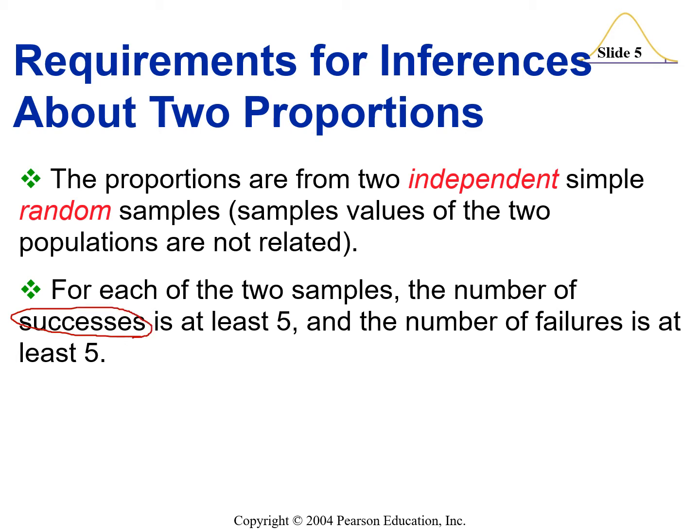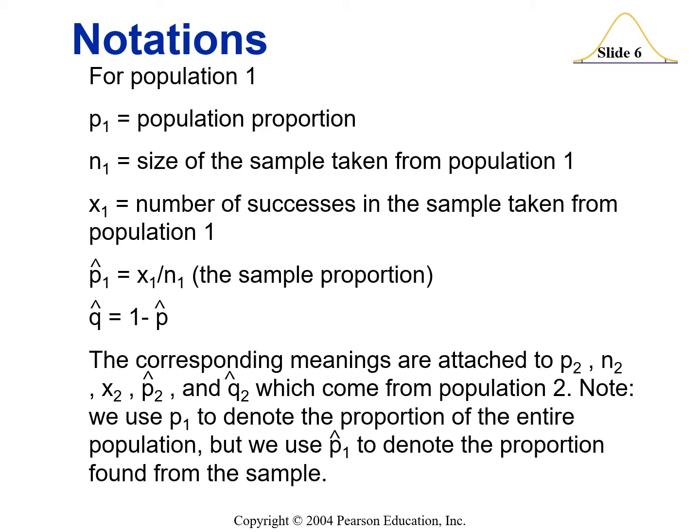Here we have notations for inferences on two populations. For population number 1, p1 is a parameter, which is the population proportion. Small n1 is the size of the sample taken from population 1. x1 is the number of successes in the sample taken from population 1.